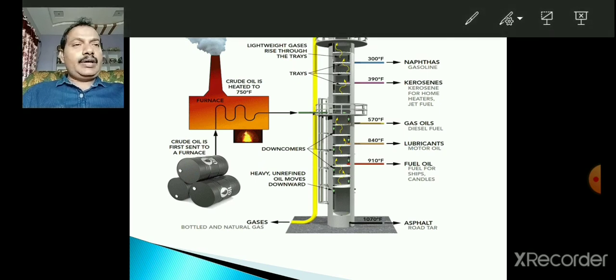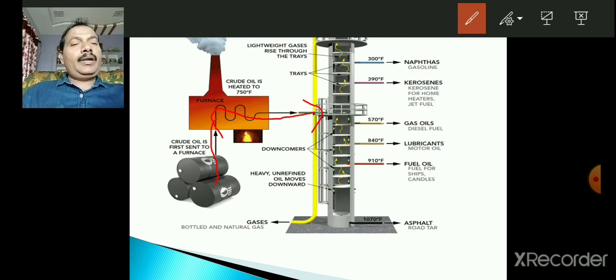First the crude oil is sent to the furnace. Here the crude oil is heated up to 750 degrees Fahrenheit, and in the middle it is pumped into the distillation column.